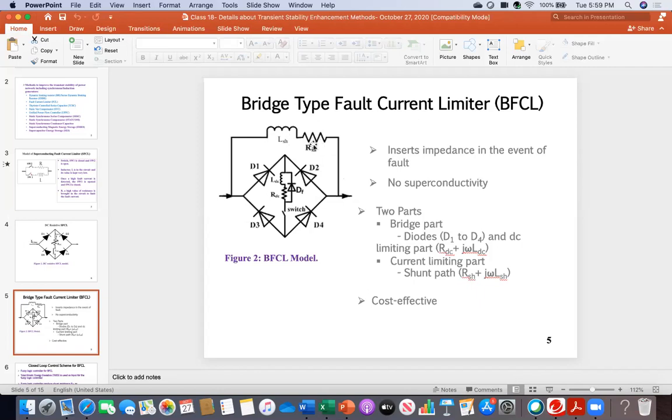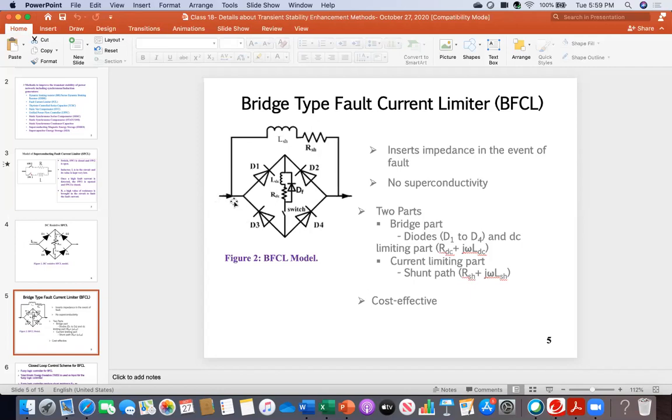So what is the technology? This inductance and this resistance are high, and that is placed in parallel. And this inductance and this resistance are almost negligible, like 0.0001, a very small resistance. So during normal condition, what happens? As you can see, AC current is coming from here, for example, for a phasor.